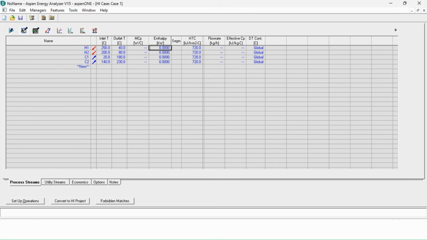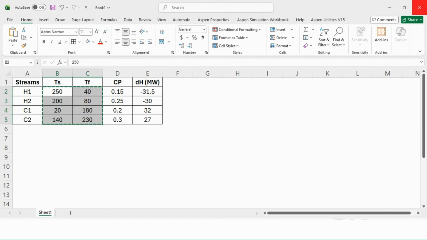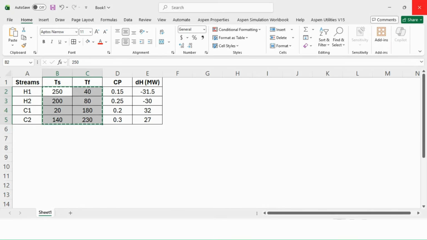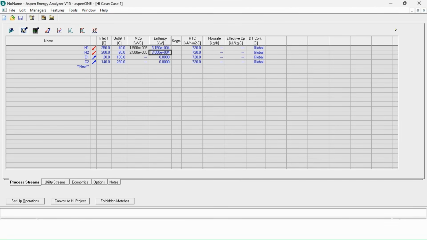Now we have been given the heat load in megawatt, that is 31.5 megawatt, 30 megawatt, 32 megawatt and 27 megawatt. So 31.5 megawatt, 30 megawatt, these are for hot streams, while 32 megawatt and 27 megawatt for cold streams.